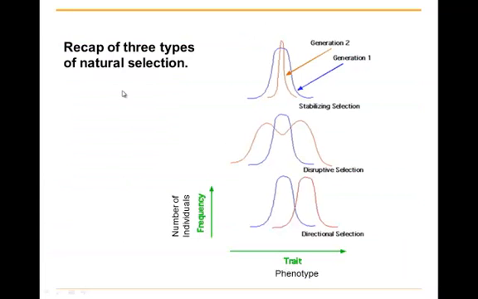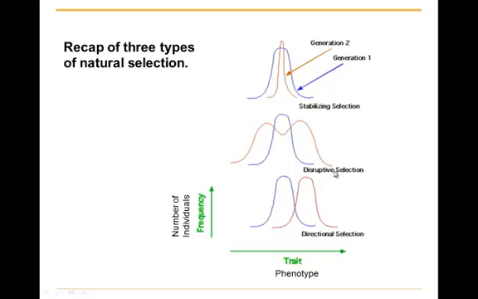So here's kind of a review of the three types. Stabilizing selection, generation one, we're selecting against the extremes, and so the peak gets narrower. Let's go in the same order we gave them to you. Directional selection, the peak moves over time, and remember that blue is original, and then the red peak moves to the right.